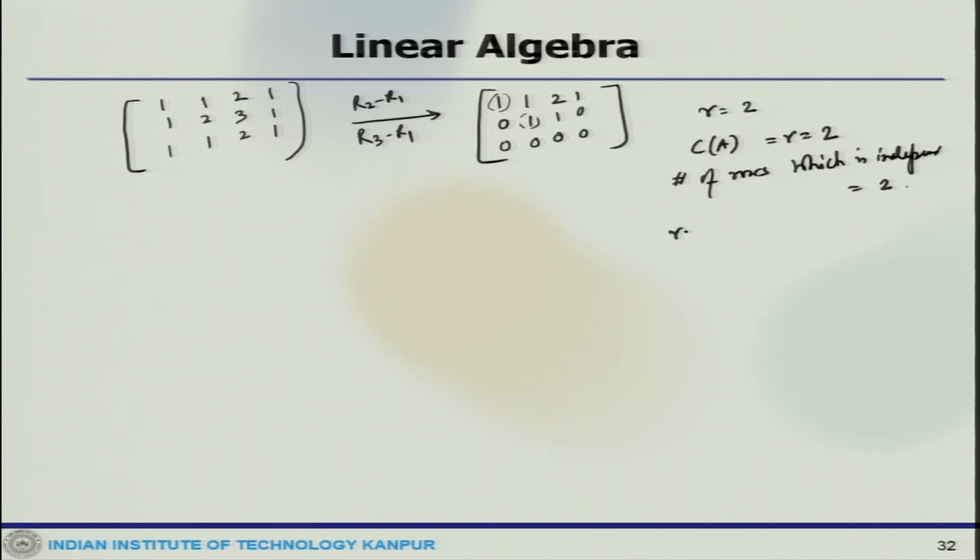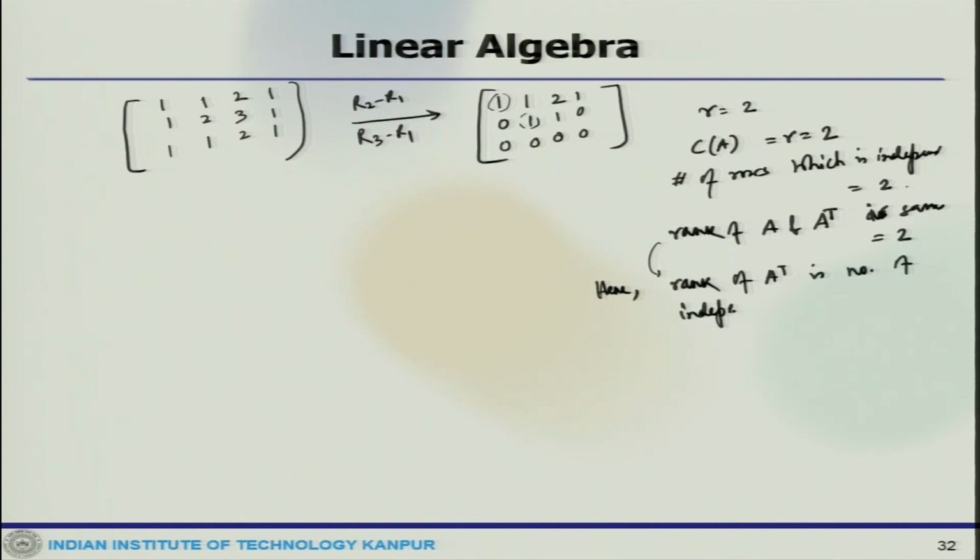Again, the rank of A and A transpose is the same. So, that would be 2, and hence the rank of A transpose is the number of independent rows.